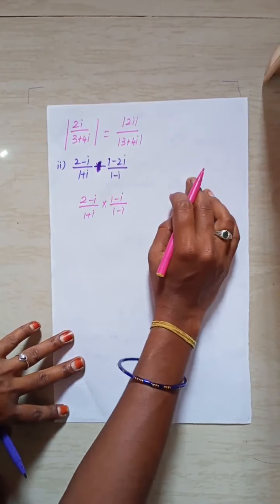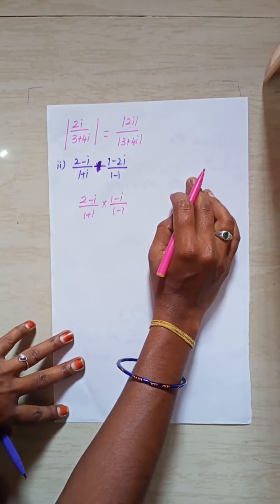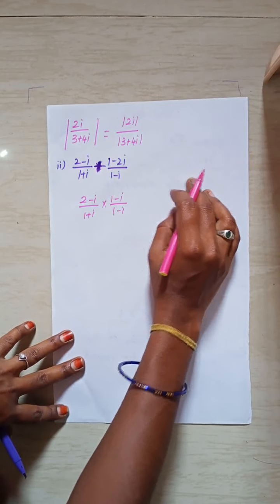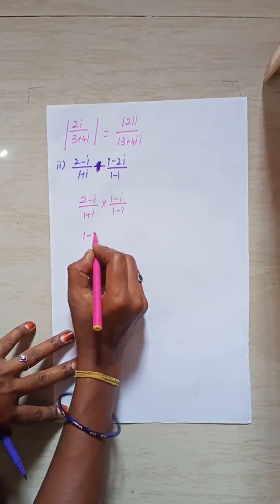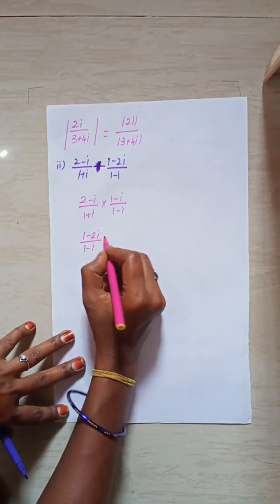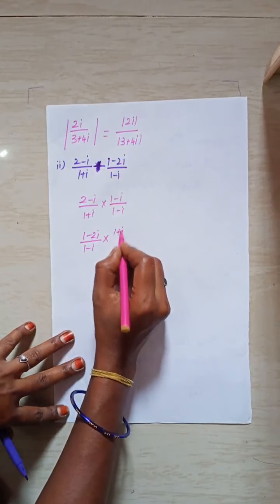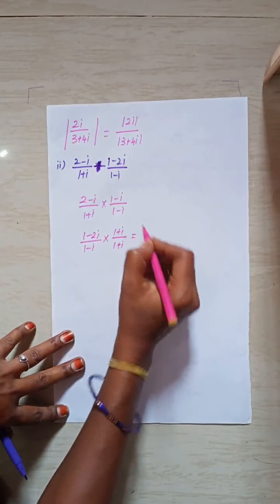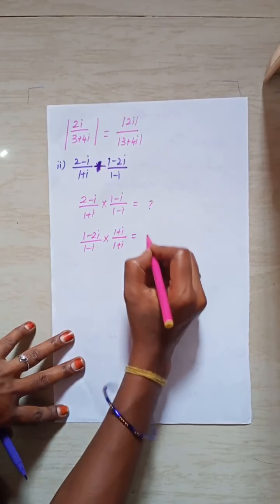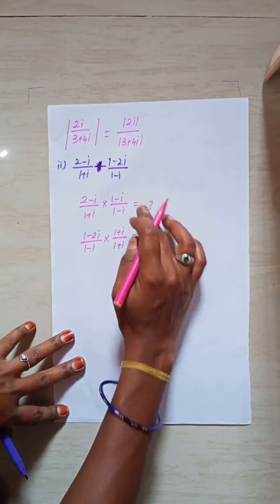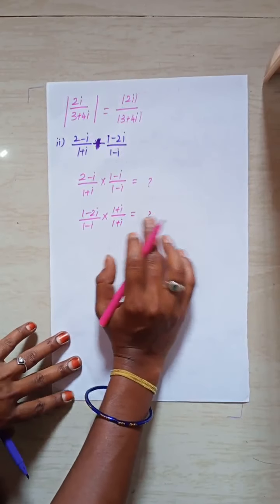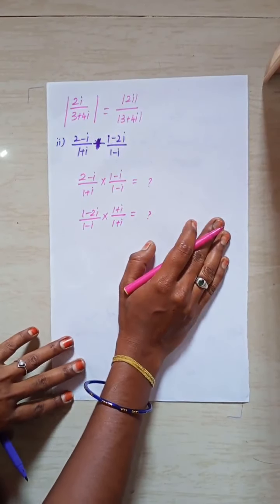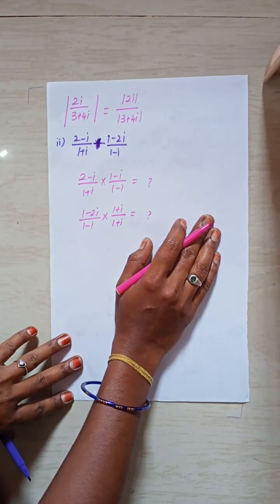We get some result. Am I right? Then for 1 minus 2i divided by 1 minus i, taking the conjugate 1 plus i by 1 plus i, here also we get some result. Add these two terms, which is in the form of real and imaginary parts. Okay.